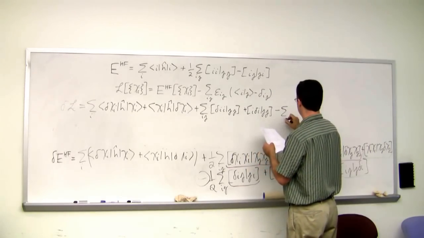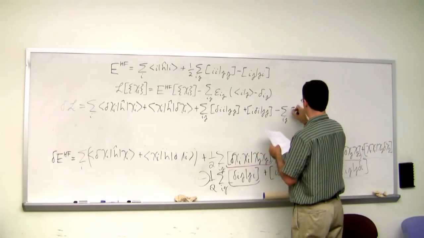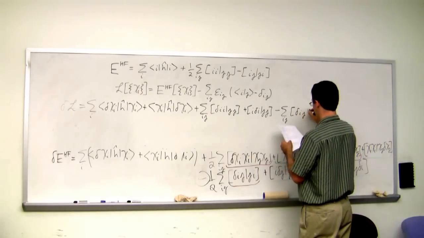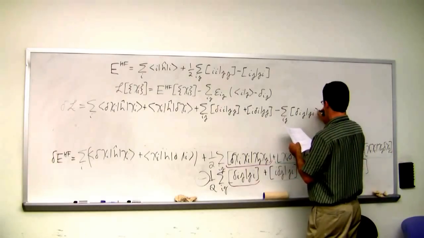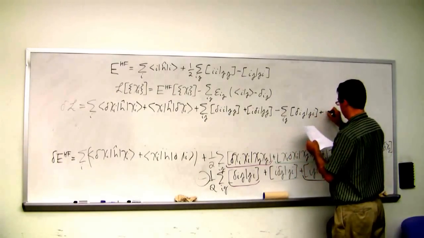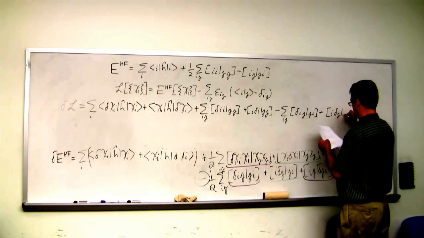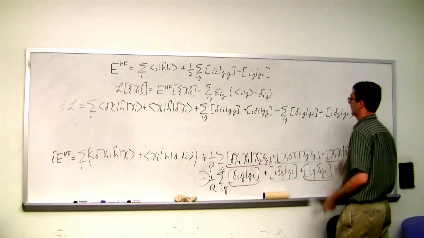Subtract the exchange terms, sum over i and j, delta i j, j i, plus i delta j, j i.